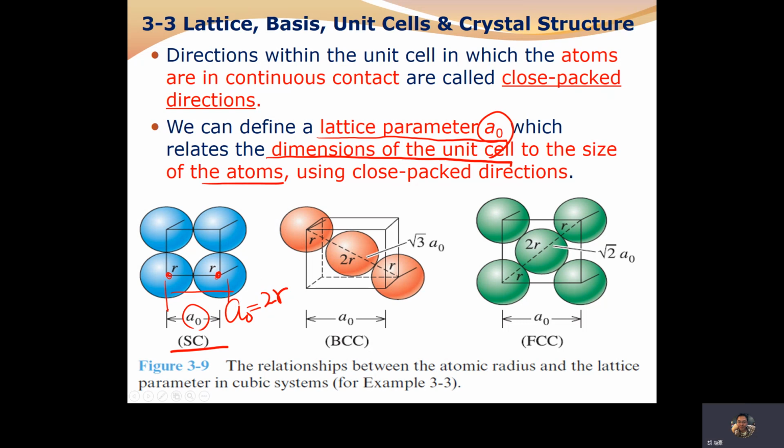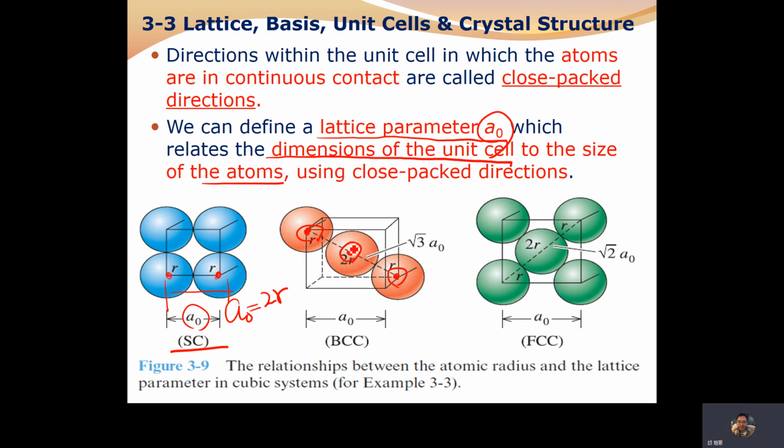And for the body center, which direction is the close pack direction? The direction with the highest number of atoms. Here, right? Let's draw it: 1, 2, 3. From this corner, through the body center, to the other corner.